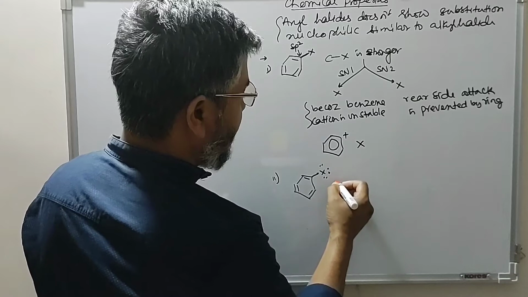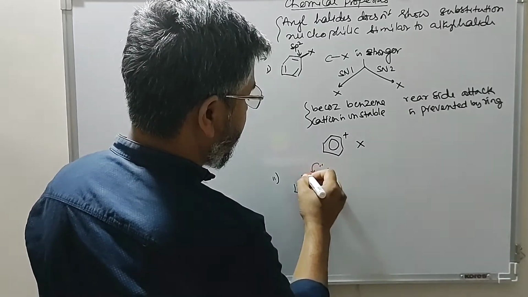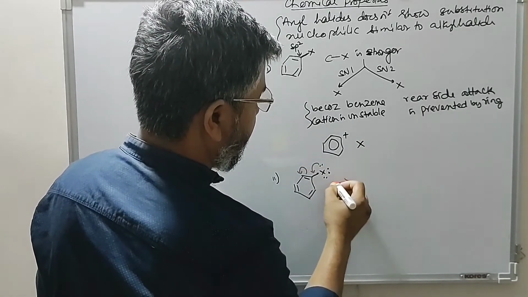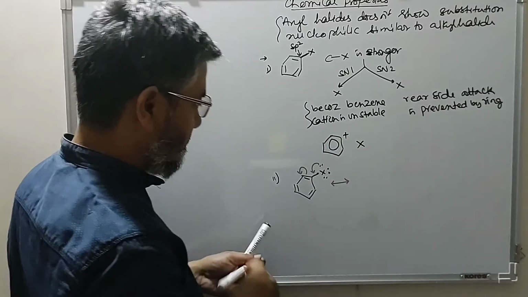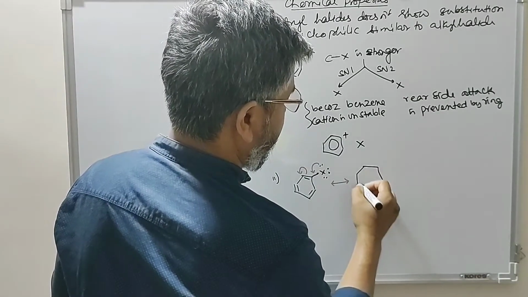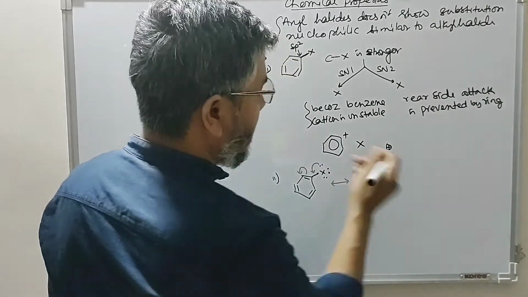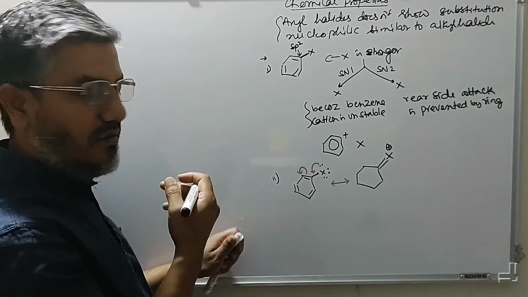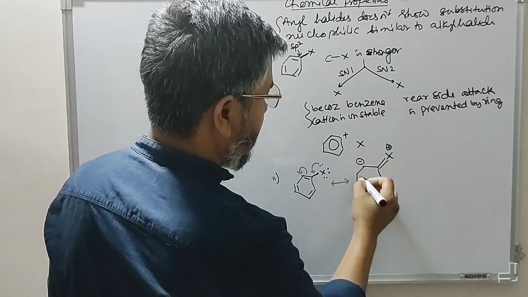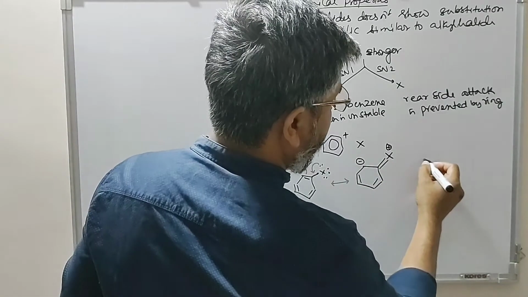So look at this, we have this. If you look at this, in one of the resonating structures, the carbon halogen bond becomes double bond in nature.